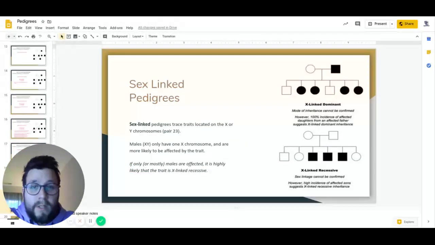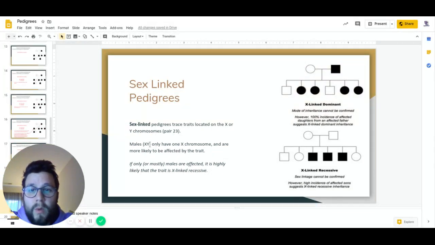Now, sex-linked pedigrees are going to deal with sex-linked traits. We'll get more into that a little later once we go back over karyotypes and chromosomes a little bit. So they're traits that aren't on those first 22 pairs. They're on the last chromosomes, those X or Y chromosomes.